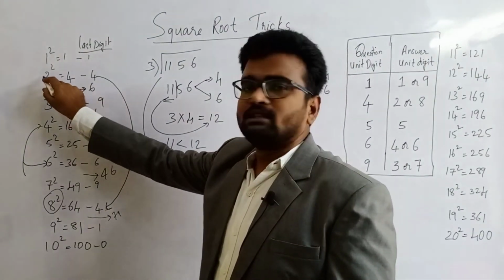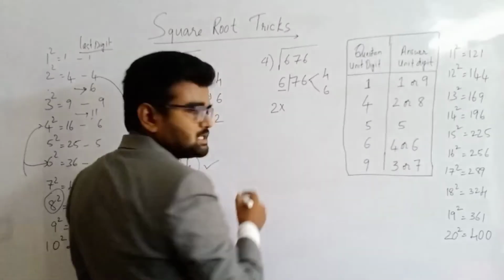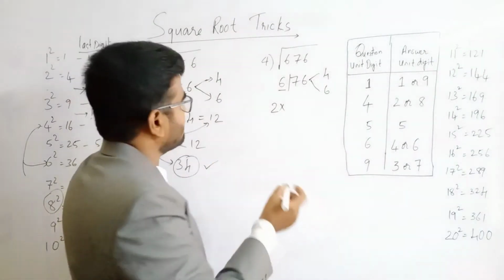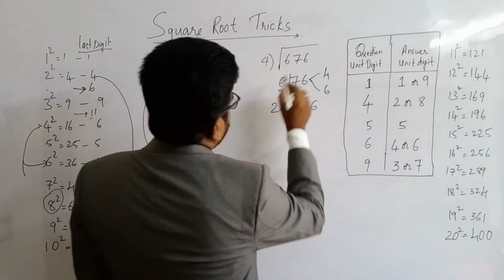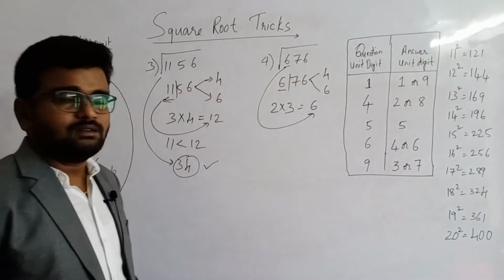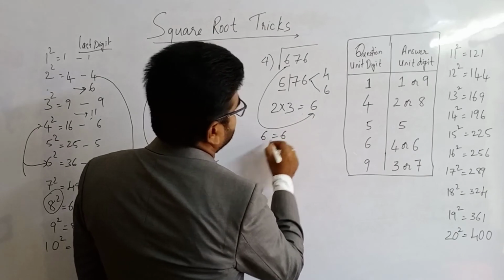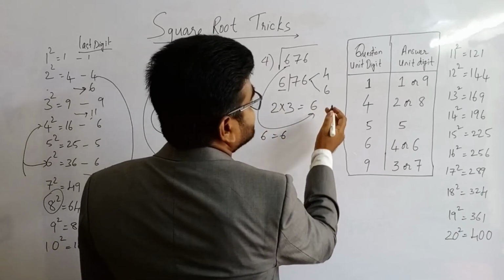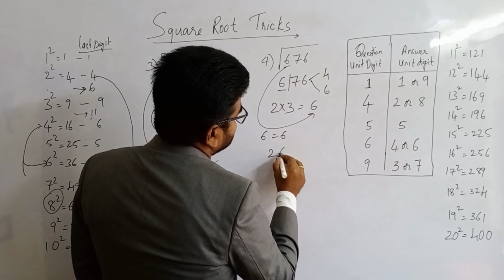You need to consider the smallest number, that means 2, and 2 has to be multiplied with the next number, that is 2 into 3, which is 6. If you observe here, 6 is equal to 6. Both are equal. We need to consider the larger number. So the square root of 676 is 26.